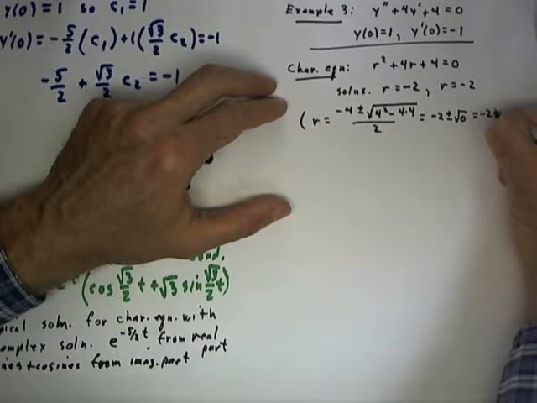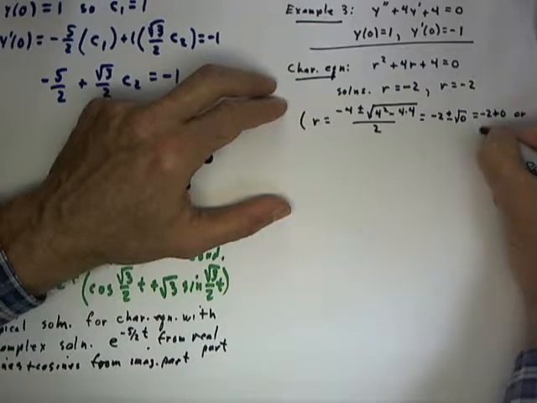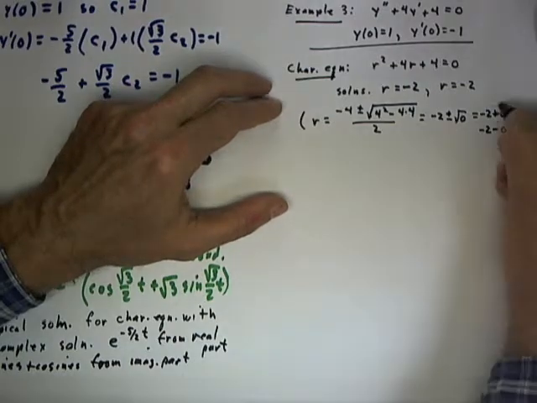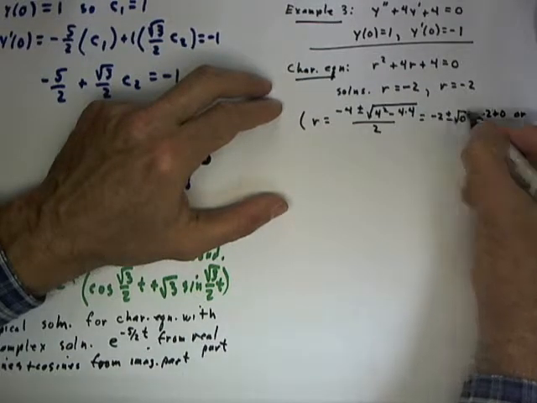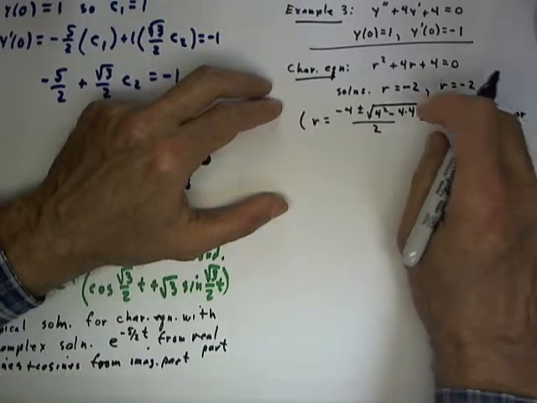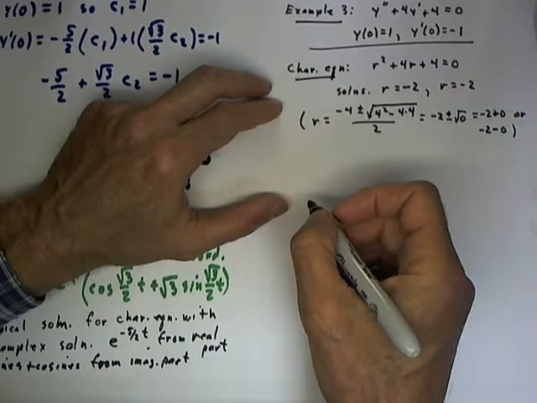So that's -2 plus 0, or -2 minus 0. So there are actually two solutions, one for the plus, one for the minus, but they're both going to come down to -2. So we get the two solutions, r equals -2 and r equals -2.